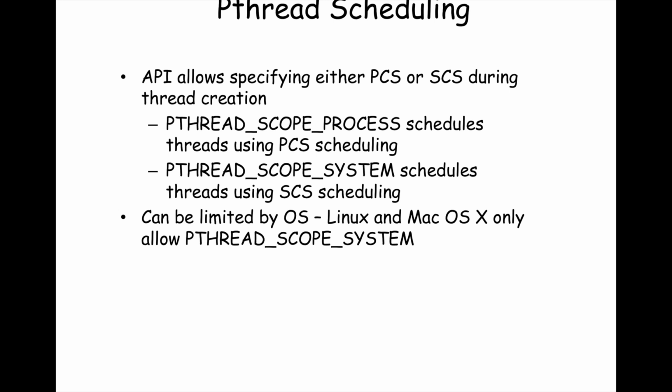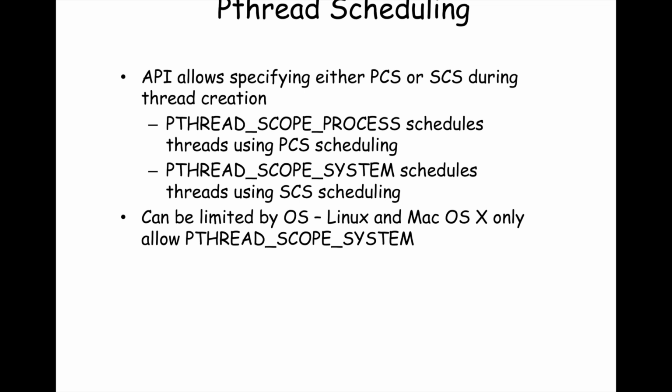There's an API in Pthreads that allows you to set your process contention scope or system contention scope, and it's using the Pthread set of APIs, and I won't really cover this too much. But if you're programming in C and you're using Pthread, you can actually set and play with these control parameters to influence the performance characteristics of your system.